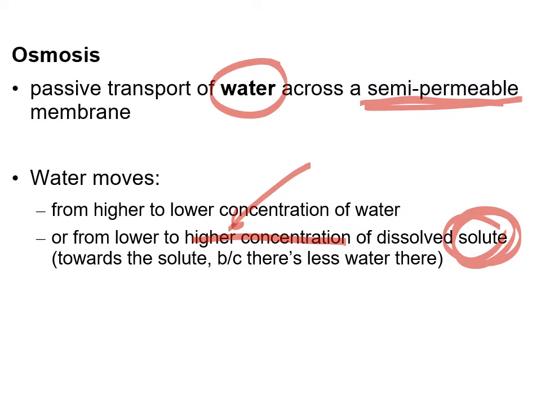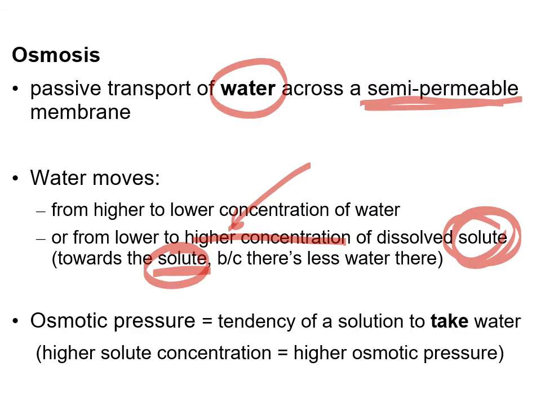Both are aqueous solutions, but if one has more ions on one side, that's essentially the same as having less water. So water will move to the side that has more ions, or whatever is dissolved, such as sugar molecules. Generally, more solute means less water, so water will move towards that side.